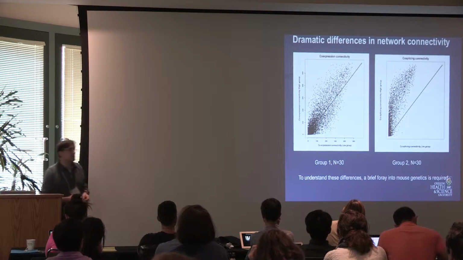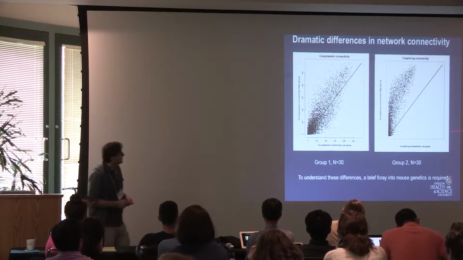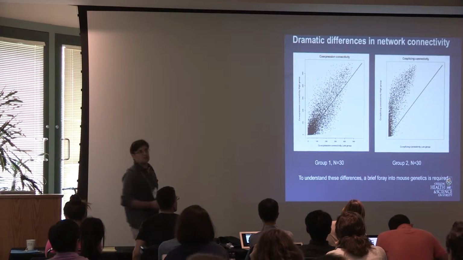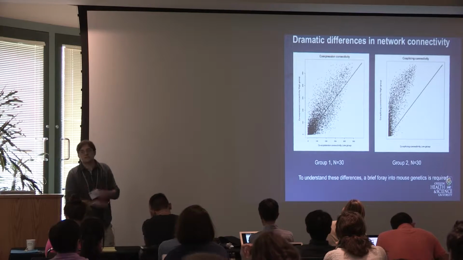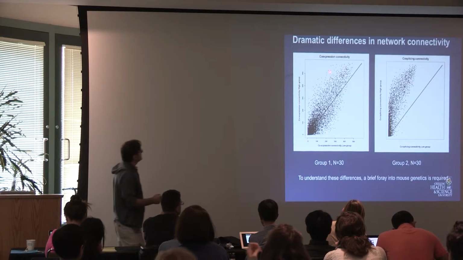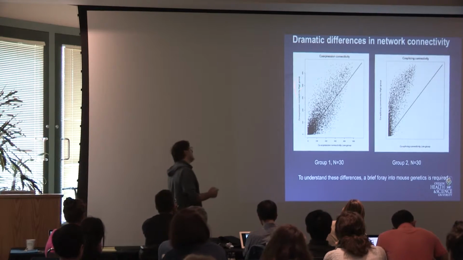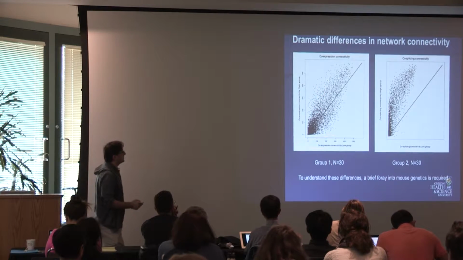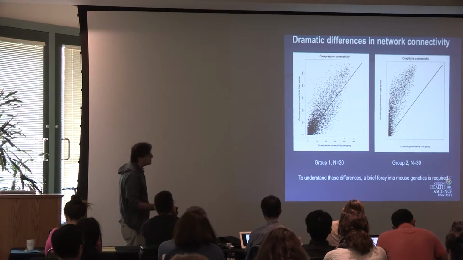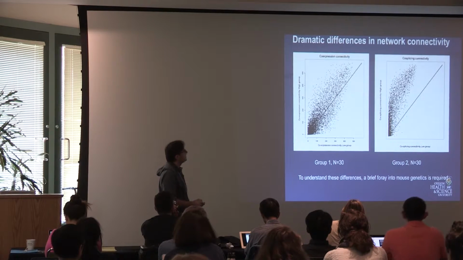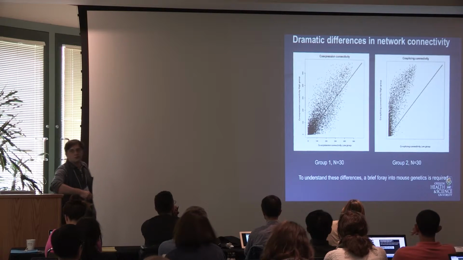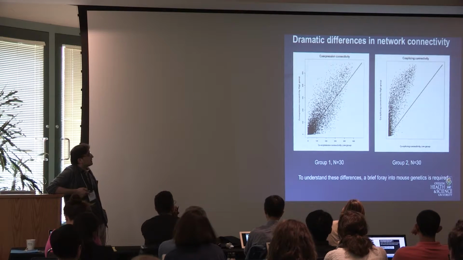Then I constructed two networks, one from the high and one from the low, and I looked at the connectivity distribution. What you see is that the highs have much stronger connectivity than the lows, and in the co-splicing network and the co-splicex, it's even more striking. So what is going on here?